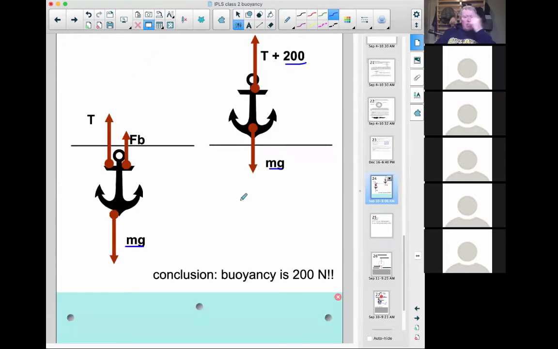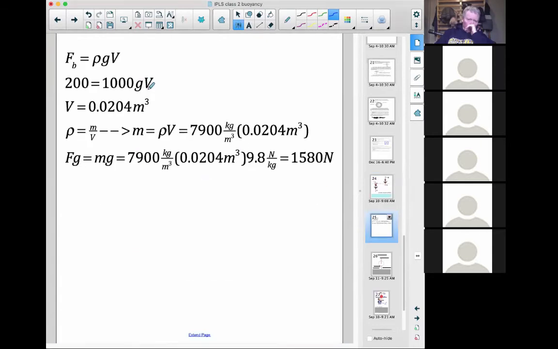Well, not just, because the buoyancy that we're calculating is 200 when it's completely submerged. So because it's completely submerged, the displacement is the same as the volume of the anchor. Okay. So this V here, the displacement V, is the same as the volume V of the anchor. Okay. Thank you. You're welcome.